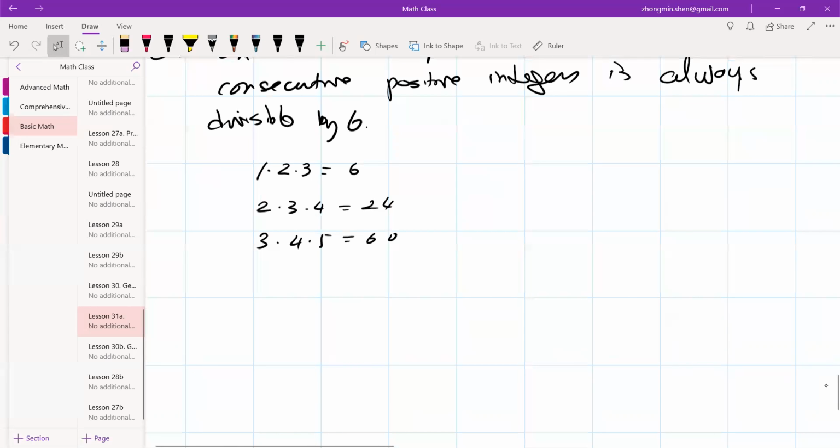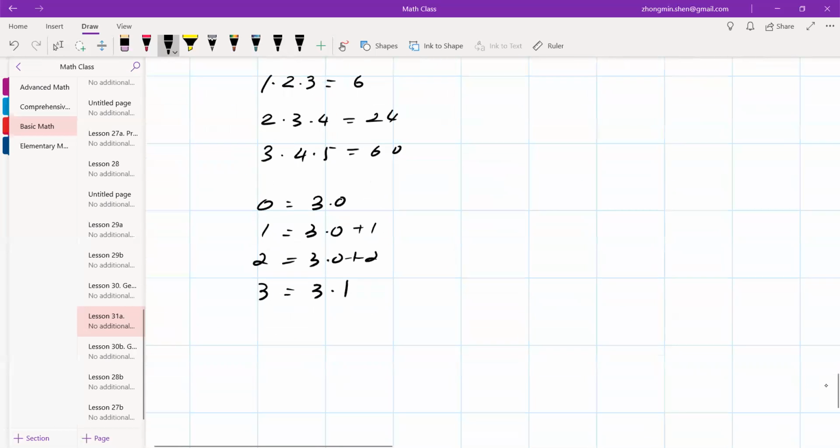Okay, so here's the argument. We express consecutive integers in blocks of 3 integers. So we can write it in the following way. 0 is 3 times 0, 1 is 3 times 0 plus 1, 2 is 3 times 0 plus 2. Then the next one is 3 times 1, right?